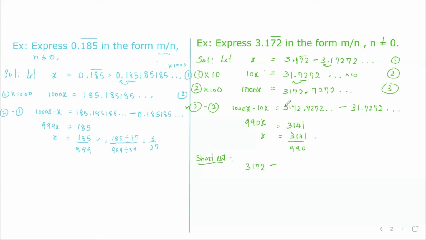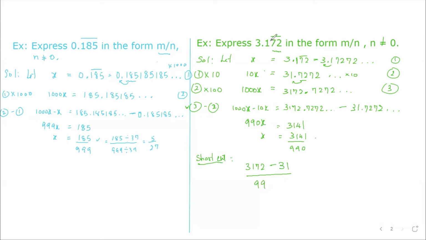Minus, or subtract, any number in front of the repeating decimal, which is 3.1, but you treat it as 31. Divided by: the repeating decimal, how many digits do we have? 2, right? 7272 is 2 digits here. So take the repeating part as 99, the number 9 for each digit, and since there are 2 digits, it becomes 99.